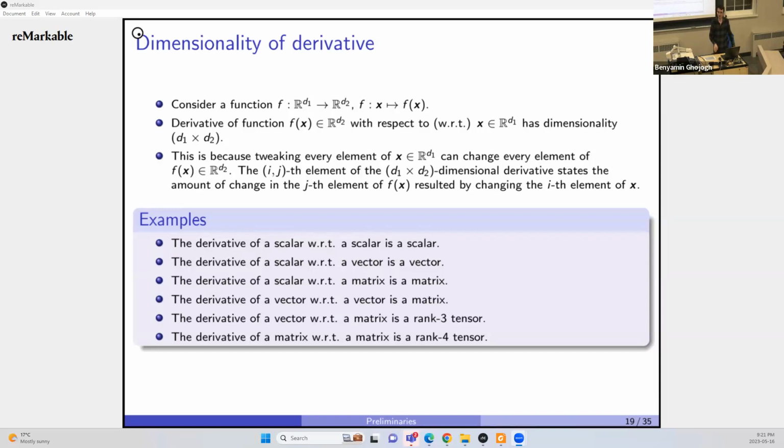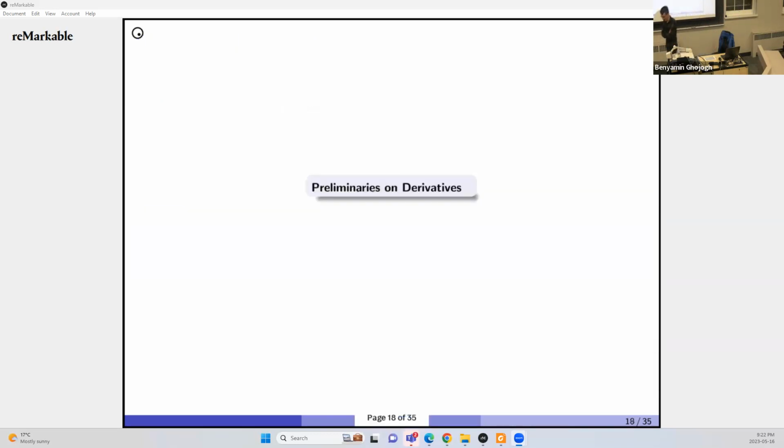Now, derivative of A with respect to B, but let A be a scalar and B a vector.